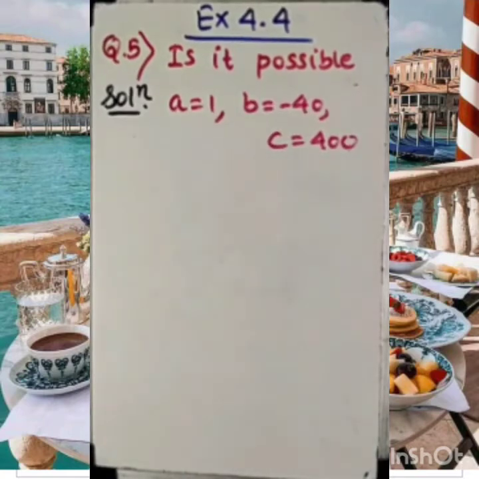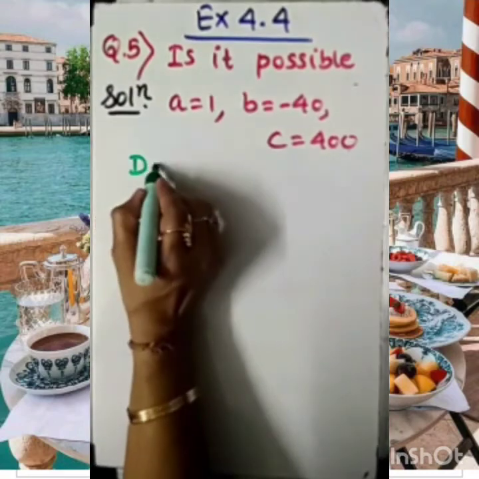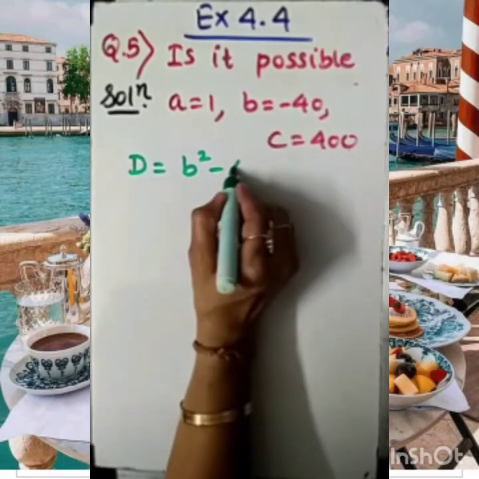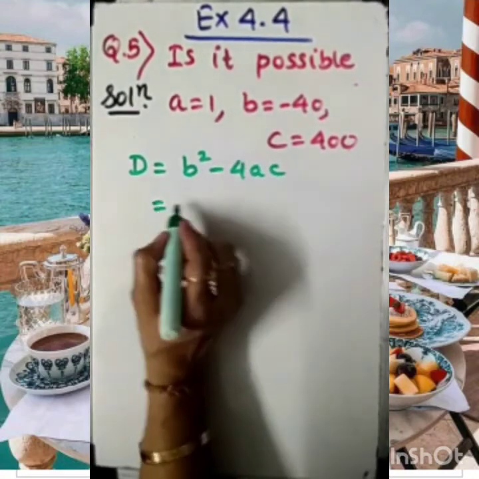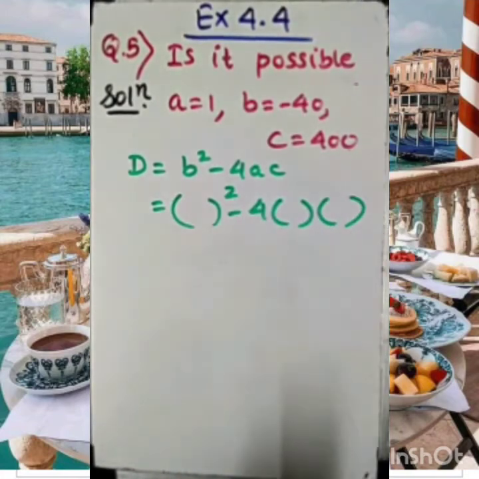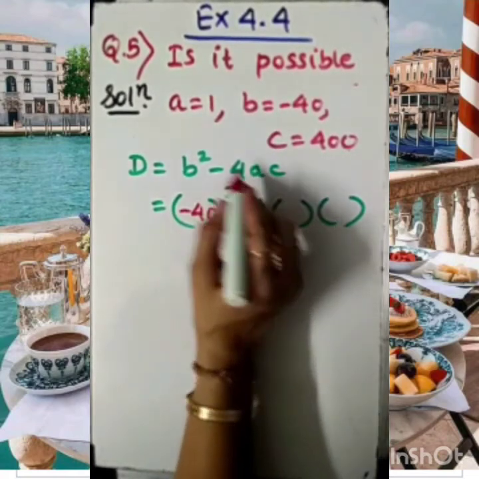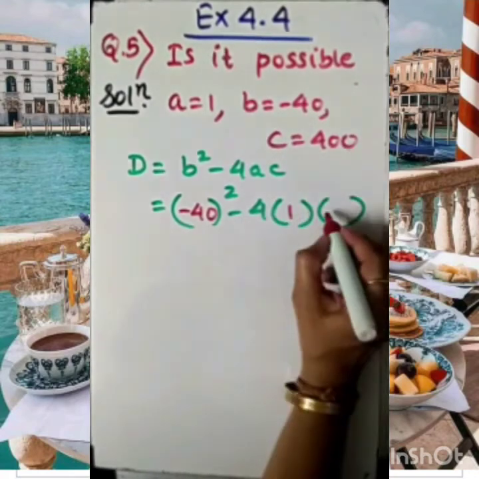So dear student, here we got the values a, b, c. Let's work out D now, that is b square minus 4ac, the discriminant. Substituting the values, b is minus 40, a is 1, c is 400.